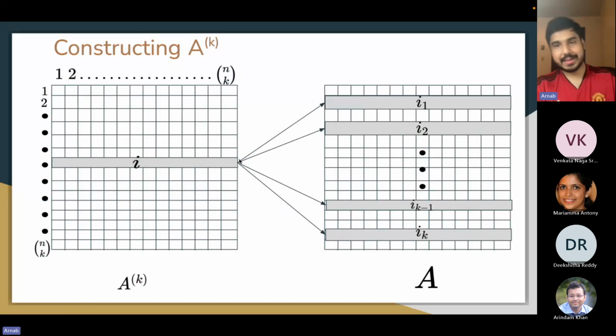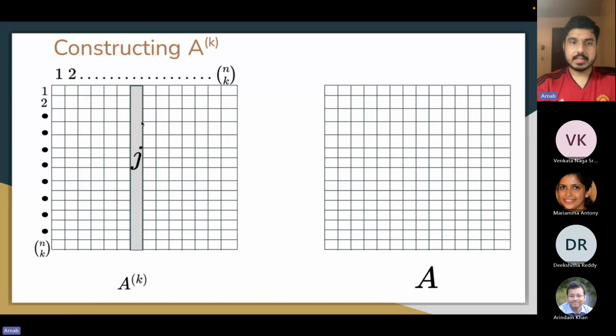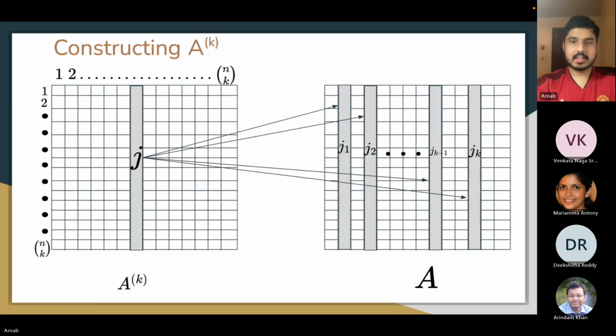So there's some bijection between the row index and the set of all indices of size k. Any row I here is mapped to a subset of indices I1, I2 up to Ik. Similarly, each column index J is mapped to a unique set of k column indices, J1, J2 up to Jk. So there's a bijection between the row index and the set of row indices, and between the column index and the set of column indices.